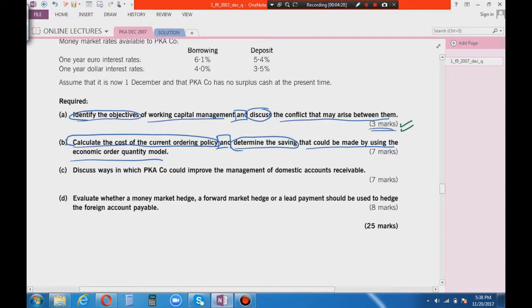So again, there are 2 parts of the same question, and the first question is saying calculate the cost of current ordering policy, and the second part of the question is determine the saving if you use economic order quantity rather than your current policy, right? The third question is about receivables management, so we'll skip that at the moment. We'll solve the first 2 parts, part A and part B first, and then we'll come to part C.